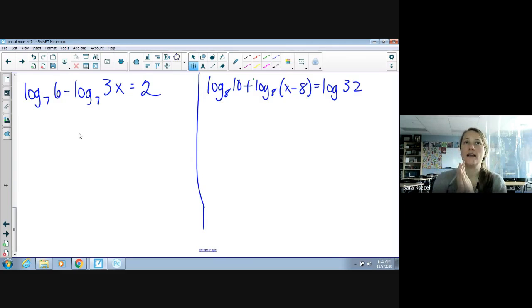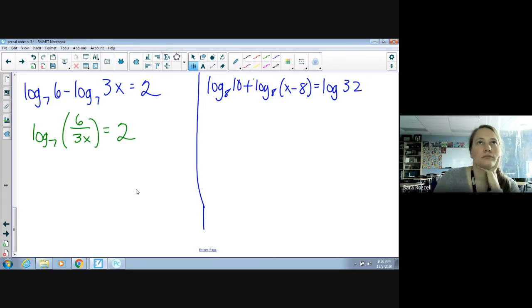So I'm going to condense these together to be log base 7 of 6 divided by 3x. So that was from the end of the lesson the other day. A minus translates to a divide when you do a single logarithm.